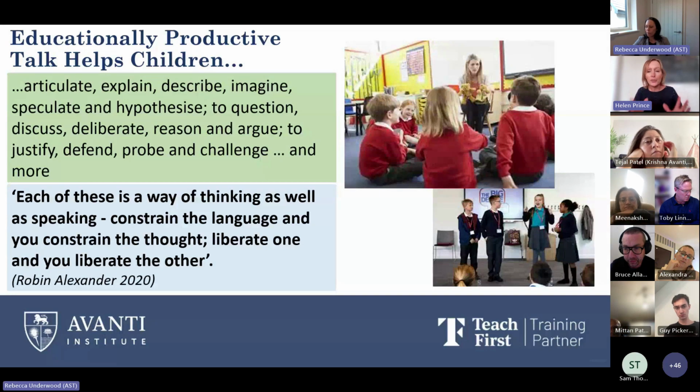So we value all forms of language. We value everything that young people have to say. We also teach them that language of instruction so that they're able to communicate in a professional, instructive manner. And it might be that our classroom is the only place they ever have that formal language exposure.